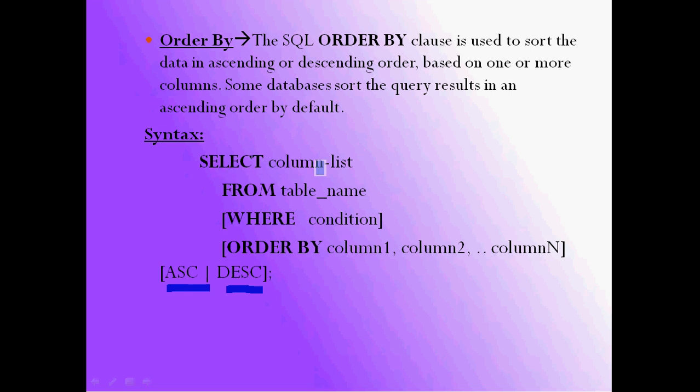You can write select star from class, order by mark DESC, and put a semicolon. This will be how you find the descending order of mark in a table. That is it. Thank you.